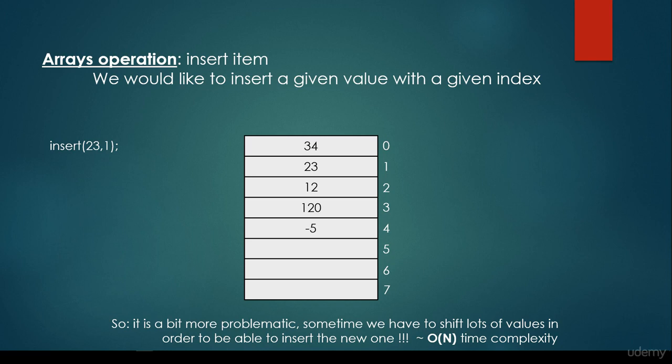So that's why it's very important to know the difference between linked lists and array lists, because it depends on what kind of application we would like to implement to know what data structure to use, because sometimes arrays are better, but sometimes linked lists are better. So we have to know what kind of application we are going to use it for.